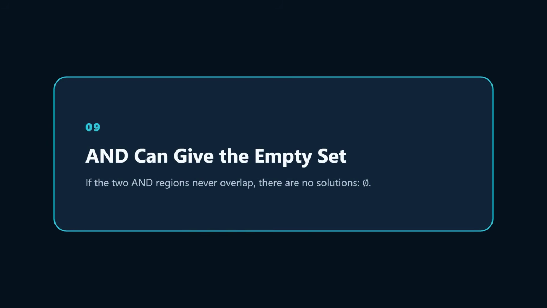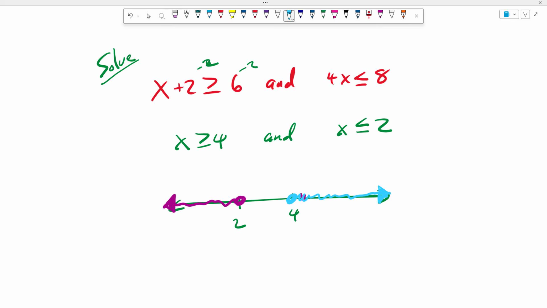Okay. Is the solution set those two intervals? No. It has to be both in purple and in blue, and there are no numbers in purple and blue. So what is the solution set? No solution. There are no solutions, but what is the solution set? Oh, just the set containing nothing. Yeah, the empty set.